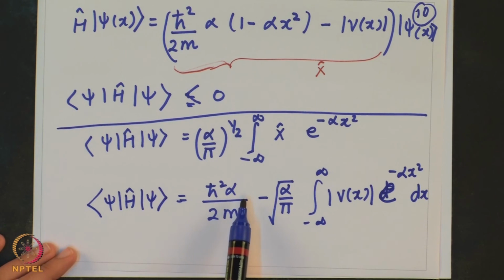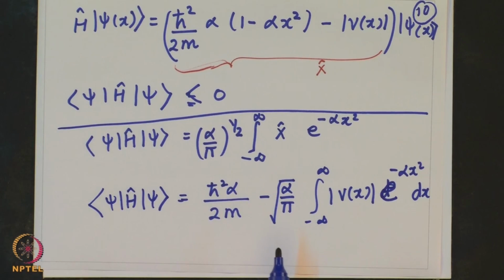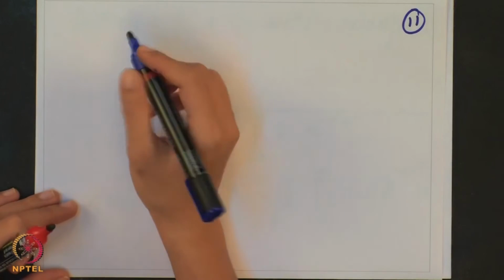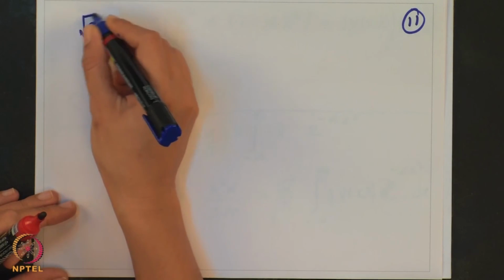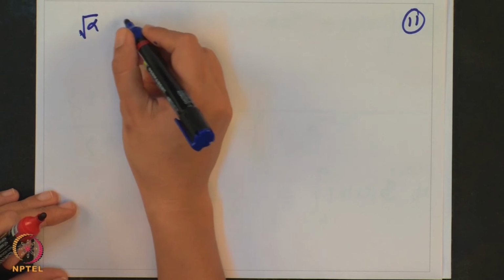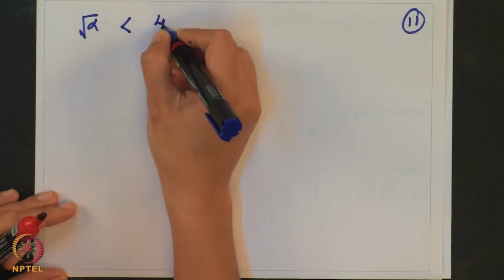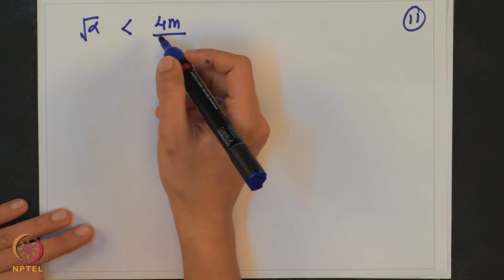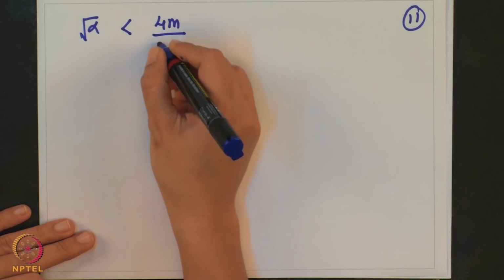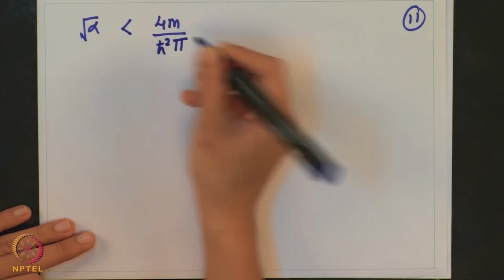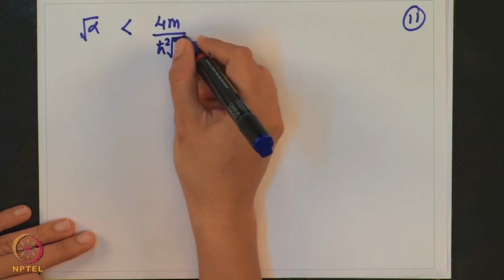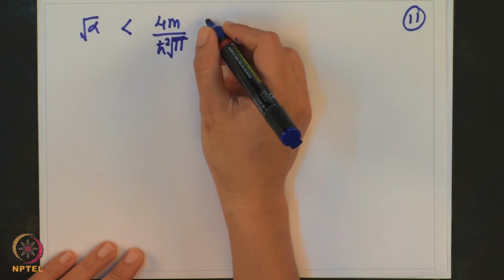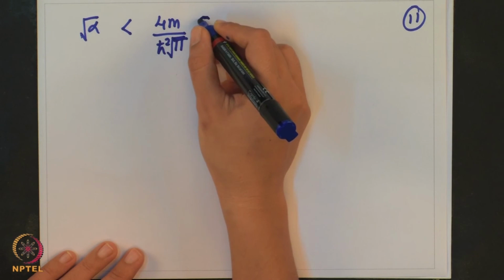It is possible to have at least one bound state when square root of alpha is less than 4m upon ħ² pi, in the square root, times this integral.